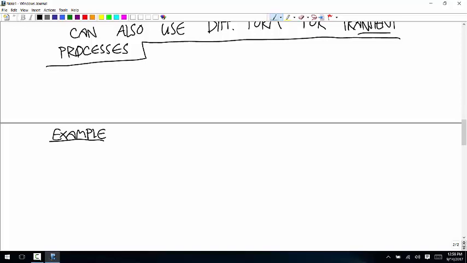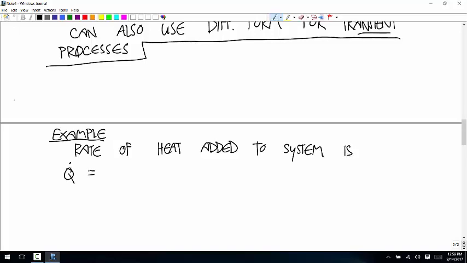So let's say that the rate of heat that's added to the system is Q dot equal to 200 times the quantity 1 minus e to the negative 0.05 t.